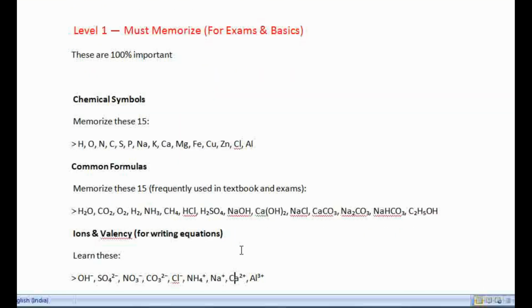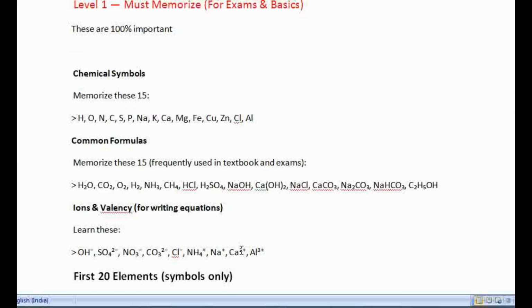First of all, level 1: you must memorize them for exams and basics. These are 100% important. What are they? Chemical symbols. Memorize these 15: H, O, N, C, S, P, Na, K, Ca, like that. You should remember these 15 with the original form, like H means hydrogen, O means oxygen.